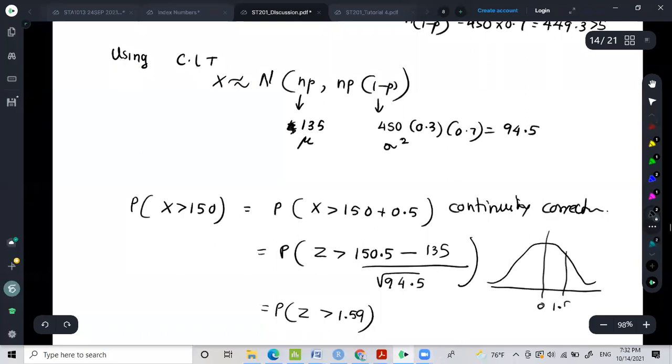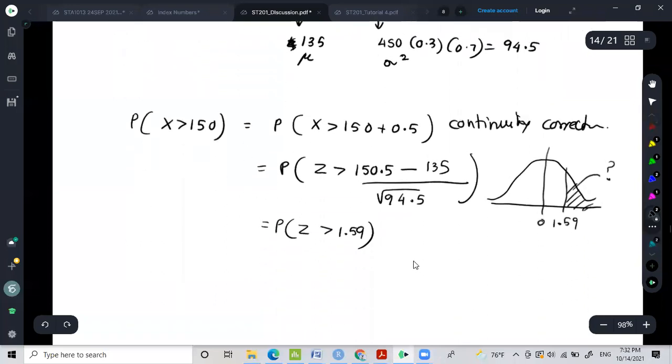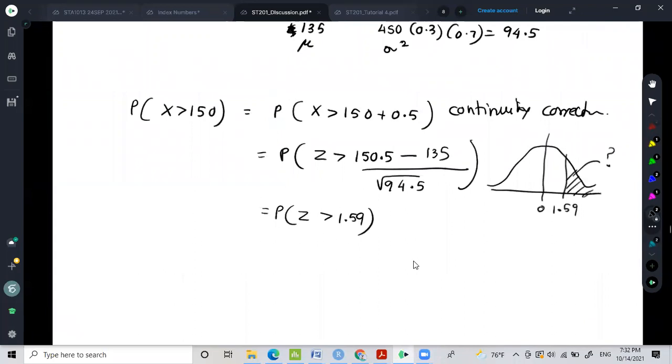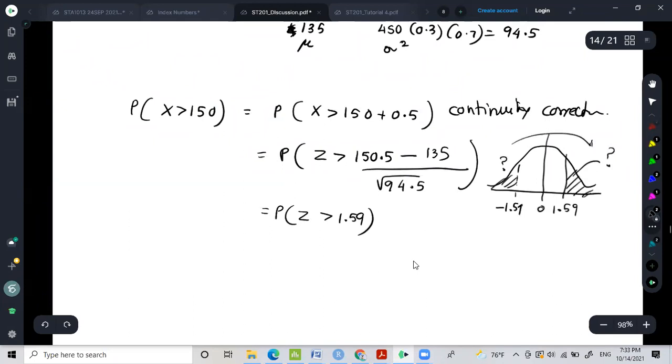Here's 1.59, and somewhere here you need the right tail. Since you have only the left tail in the table, you can use symmetry and read negative 1.59. These are the same. If you do that, you will get the approximation 0.0559. That will be the answer.